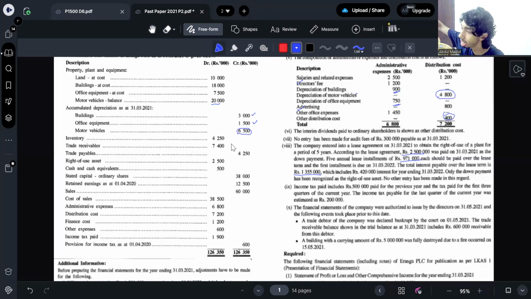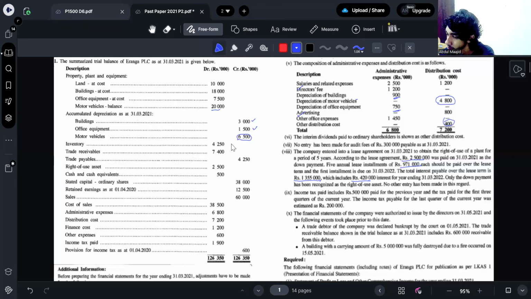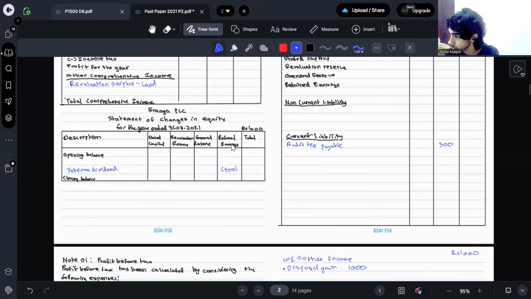The interest for that entire 5 years is given as 1,355,000, which includes rupees 420,000 interest for the year ending 31st March 2022. Only the down payment has been recognized as the right of use asset and no entry has been made in this regard. So now we have to find the lease liability. So note number 3, first of all, we'll make a note.